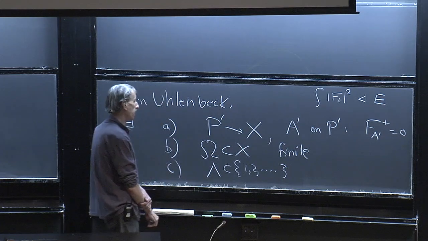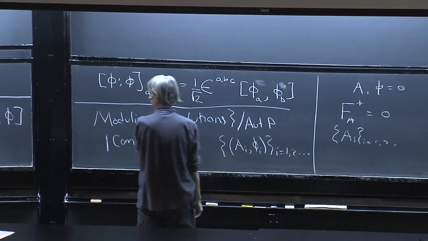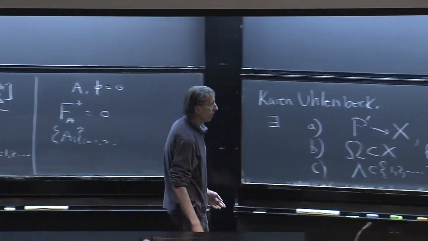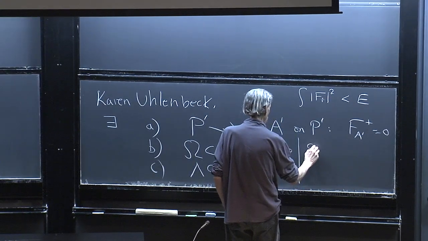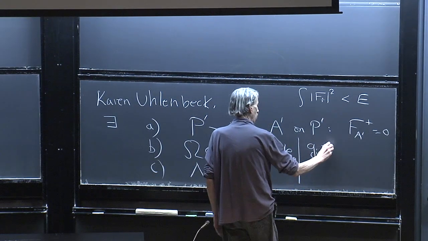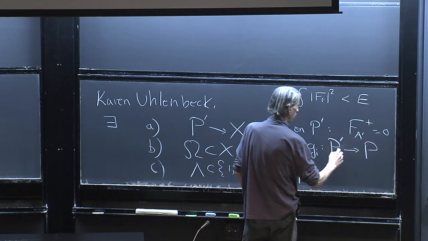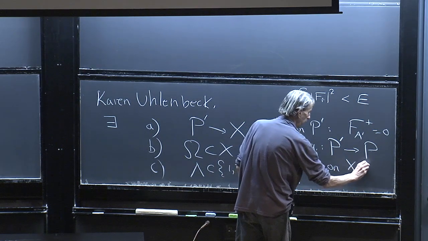And then the solutions are only invariant up to automorphism, so we have a sequence of automorphisms g_i, isomorphisms from the bundle P prime to P on the complement of omega.